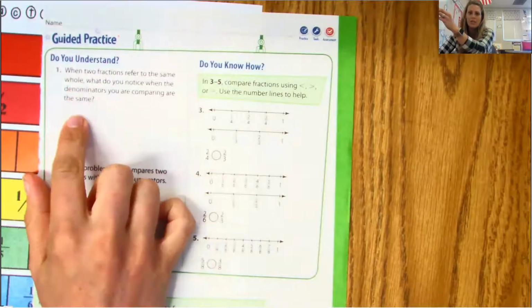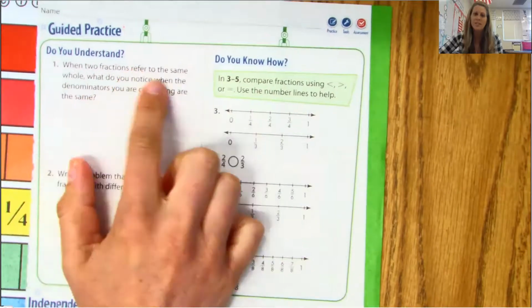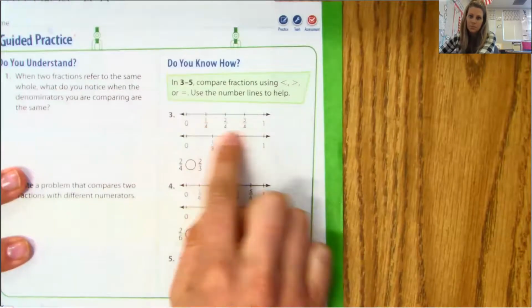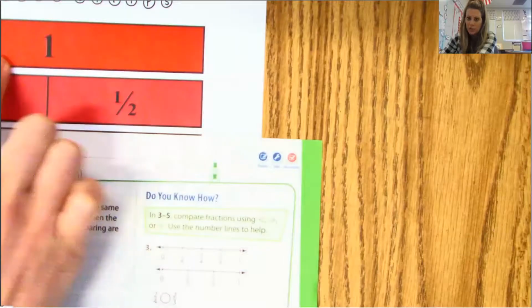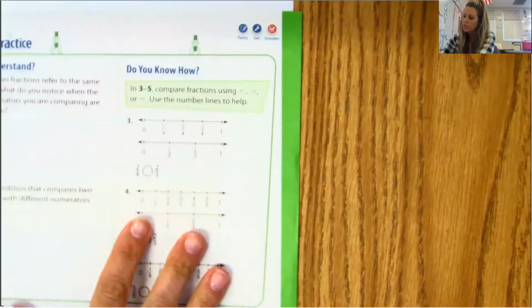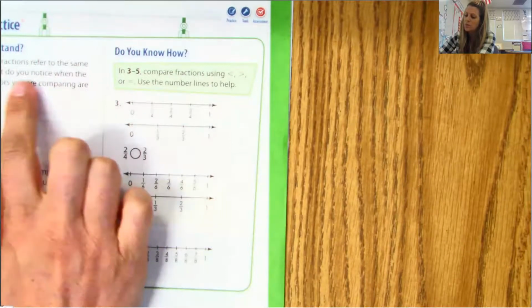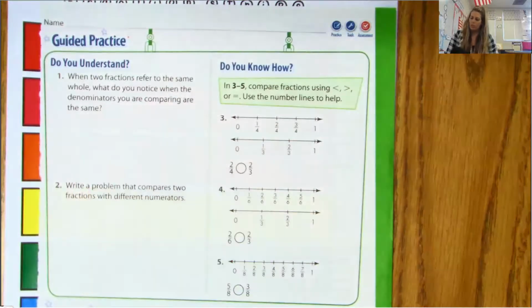Think about what this is saying. When two fractions refer to the same whole, so that means the same number line or the same fraction strip, what do you notice when the denominators you are comparing are the same? So what's the trick? What did I tell you?